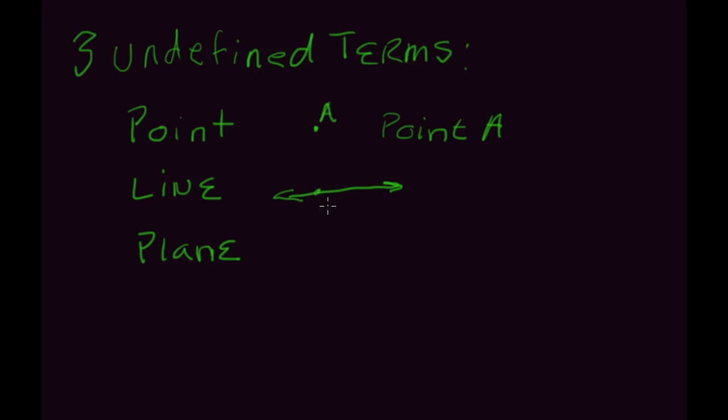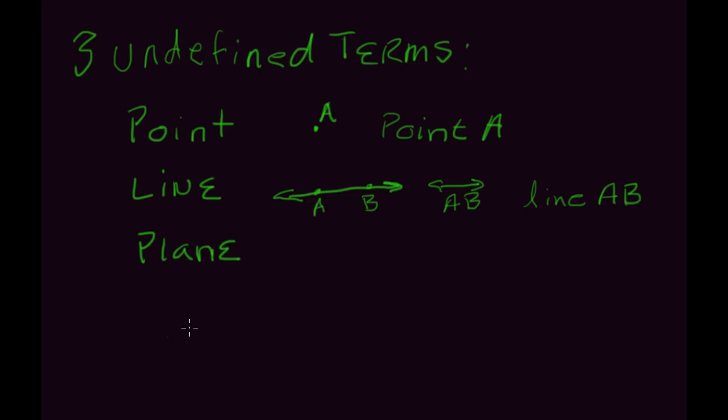And we pick 2 points on that segment, which I'll call A and B, and we would say that this is line AB. So we tend to name a line with 2 points.